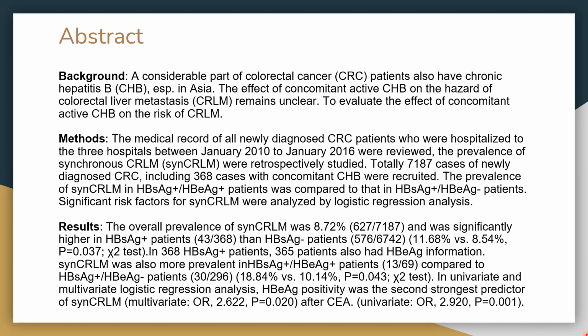For the methodology, a retrospective cross-sectional study of 7,187 newly diagnosed colorectal cancer patients in 3 hospitals was performed. Synchronous colorectal liver metastasis, which is a simultaneous diagnosis of liver metastasis together with primary colorectal cancer, was evaluated.